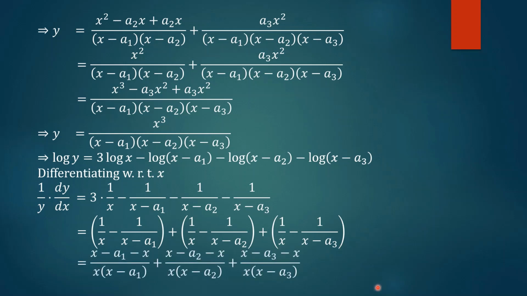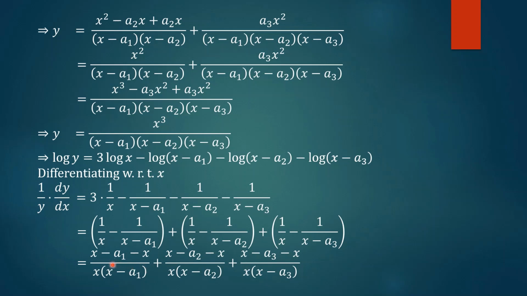You take the LCMs. So the first one, x into x minus a1 is the LCM, x is cancelled, so it is only x minus a1, then minus x minus a1 is cancelled, it is x only. Similarly here also. You see negative positive x is cancelled here, here, and here.